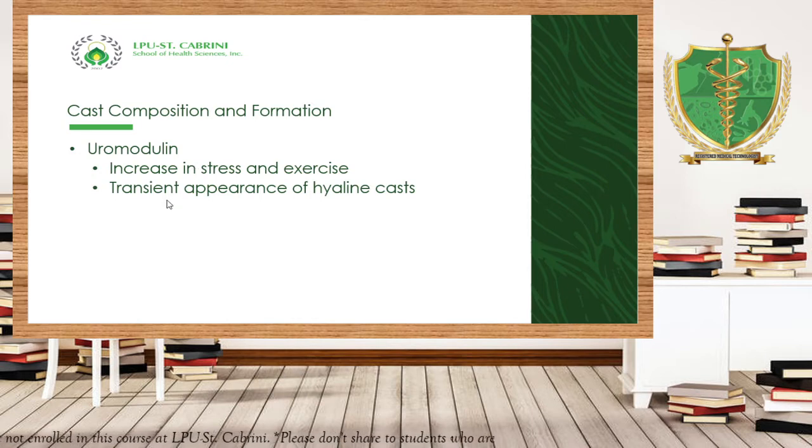Okay? And take note, guys, that uromodulin is increased in cases of stress and exercise. Uromodulin is also seen in the transient appearance of hyaline cast when there is stress and exercise. Stress can be physical stress or physiological stress.